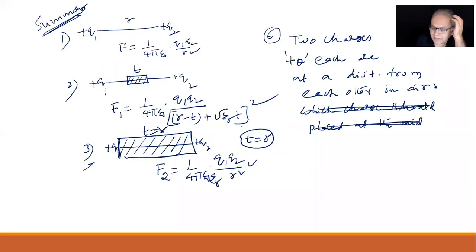I just would like to give a smaller sum first, and after that I'll go for that. Two charges plus q each are placed at a certain distance from each other in air.